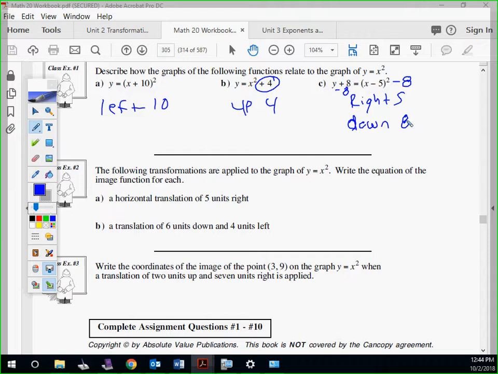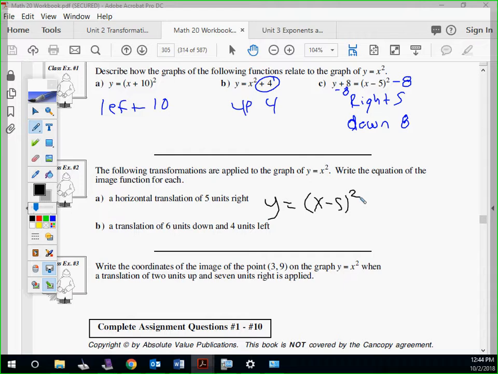The following transformations are applied to the graph y equals x squared. Write the equation that would be. Okay, so Gavin, what would the equation be if I said horizontal translation 5 units right? Yep. Minus 5 because you want to go right 5. So opposite. Minus 5 because you want to go right 5. Okay.